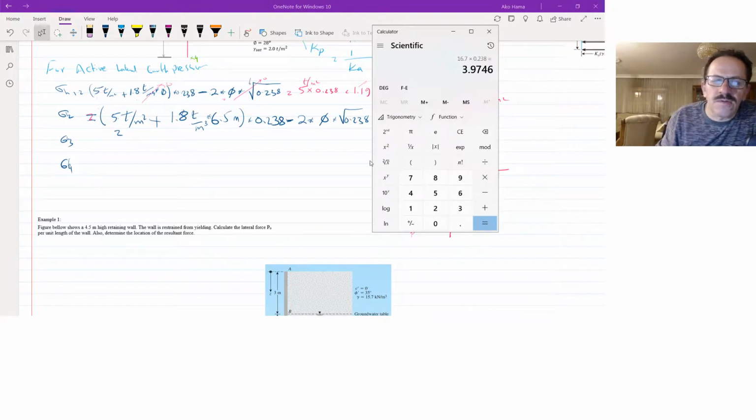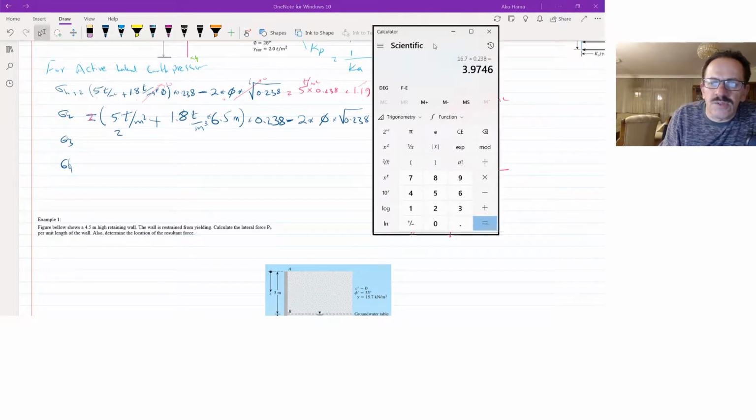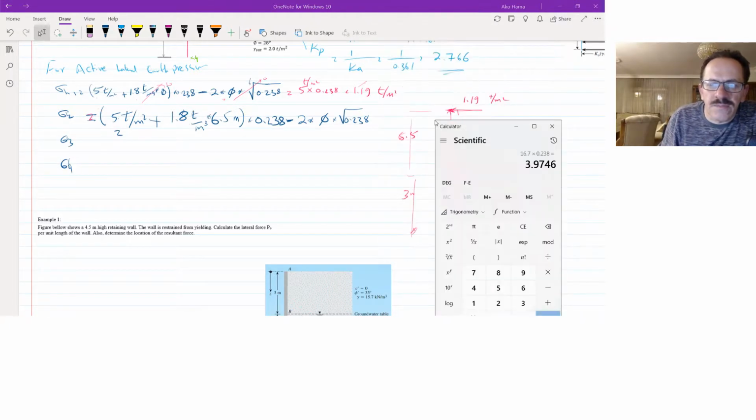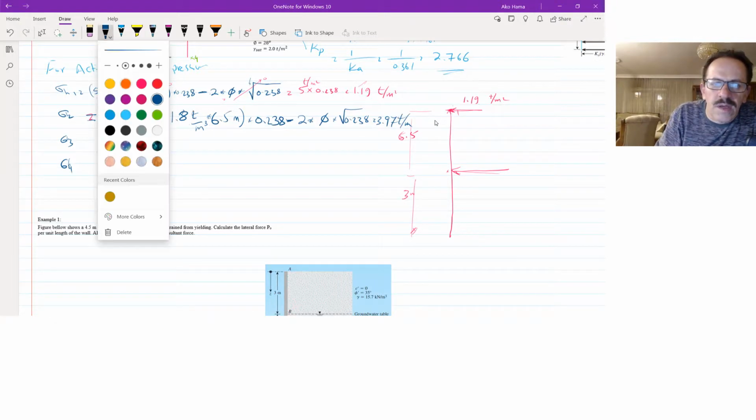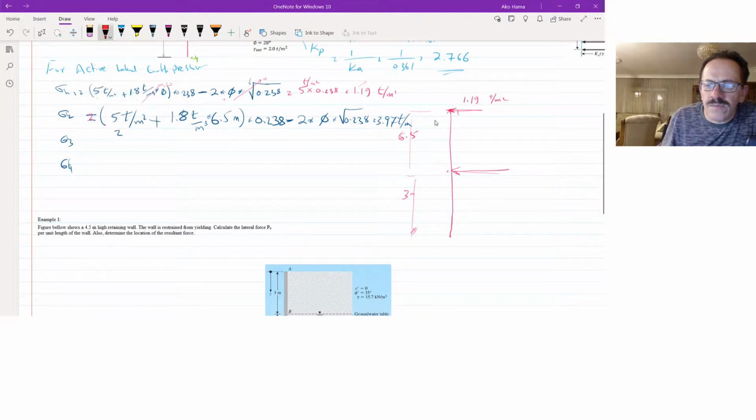This gives you the lateral pressure at point 2, which is 3.97 ton per meter square. So this is 1.19, and here we have 3.97. So this is going to be the pressure at this point.